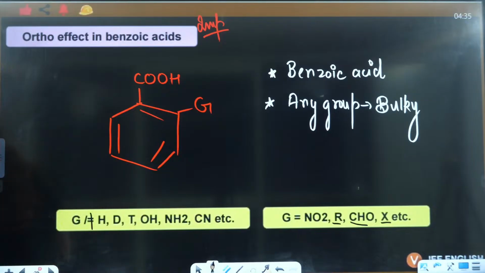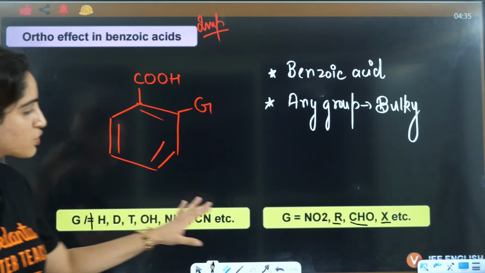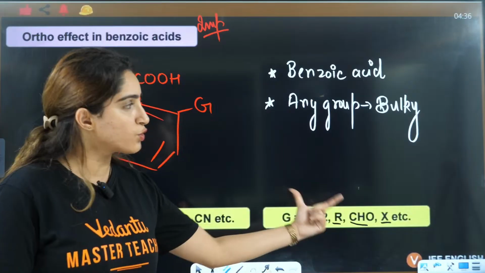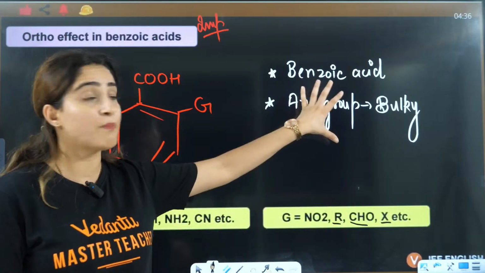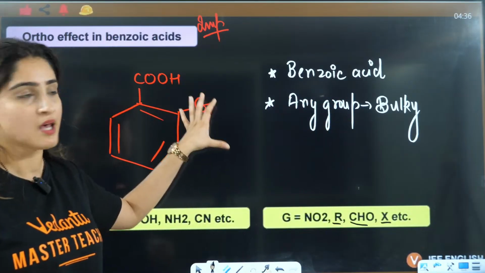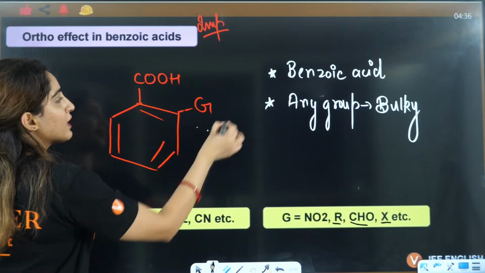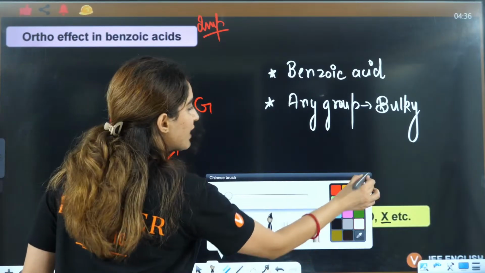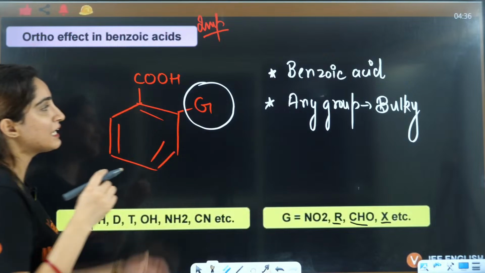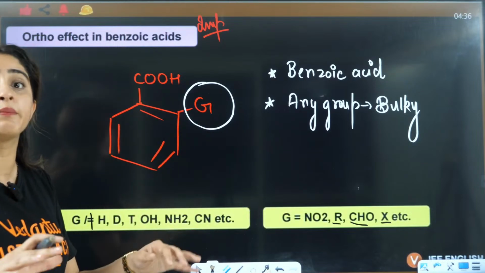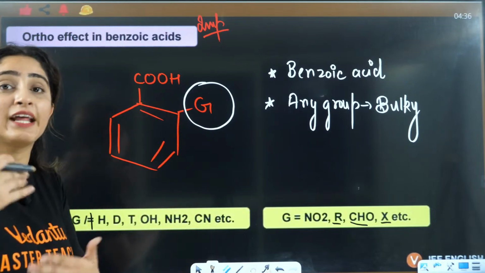Okay, everybody? Yes, everybody? Is that clear? So only these groups are going to show it because these are bulky groups, these are heavy groups. Heavy groups only can show repulsion here. If the group is not heavy, it will not create any repulsion. If there is no repulsion, there will be no ortho effect. So you can't apply it everywhere.